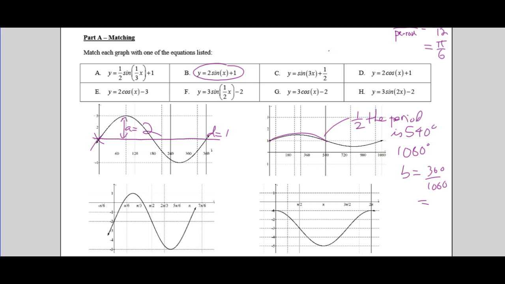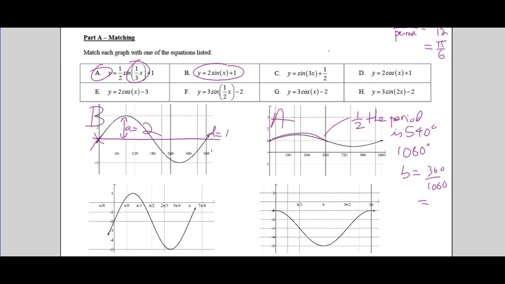Snowboarders. 1080 is 3 rotations, right? So the B value is going to be 360 over 1080 or 1/3, right? So this is A.